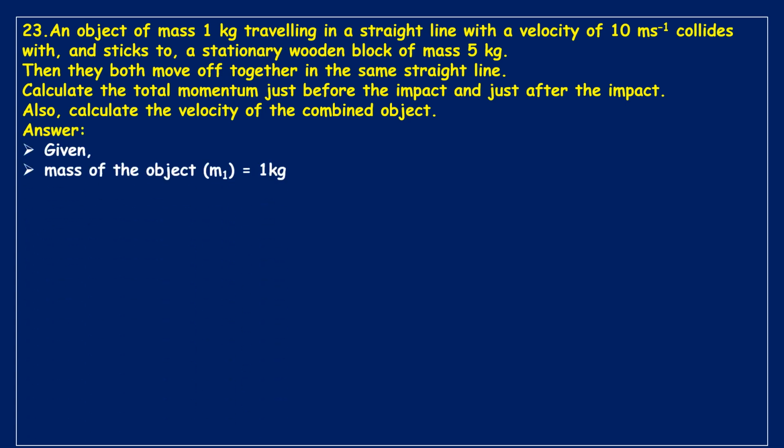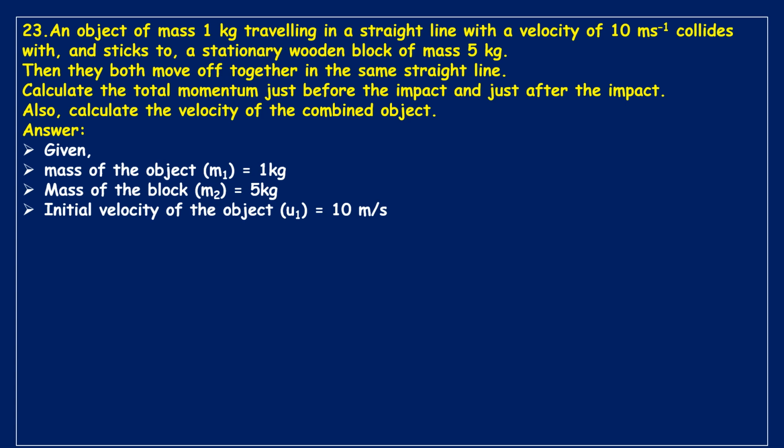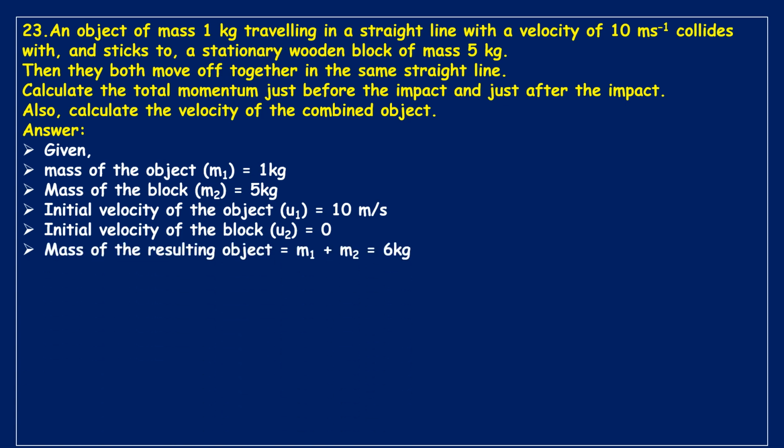Given data: mass of object 1, m1, is given as 1 kg. Mass of the block, m2, is given as 5 kg. Initial velocity of object 1 is 10 meters per second. Initial velocity of the block is 0, since it is at rest. Mass of the resulting object, that means mass of object 1 plus mass of object 2, is 6 kg.